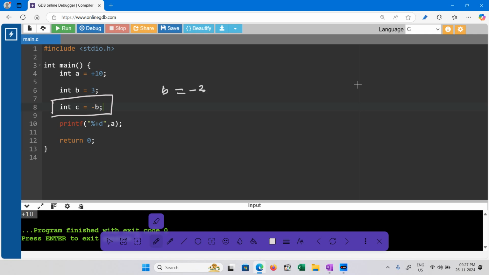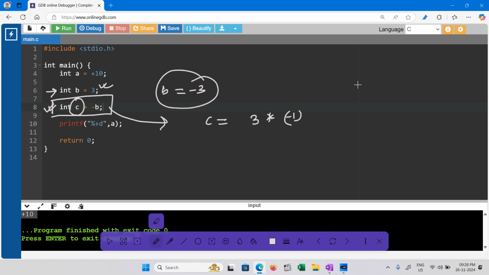No. It is assigning a value to c by multiplying the value of b by minus 1. So it means after this line, the value of b remains unchanged. It remains as 3, but the value of c will become minus 3.